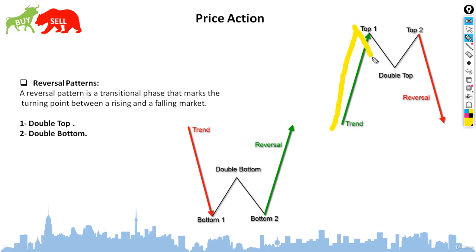The market will draw a bottom here, and the market will try to break up this last top, and it can't break it up, and the market will drop down, break down the previous bottom and test it. We confirm that this is a confirmed double top.